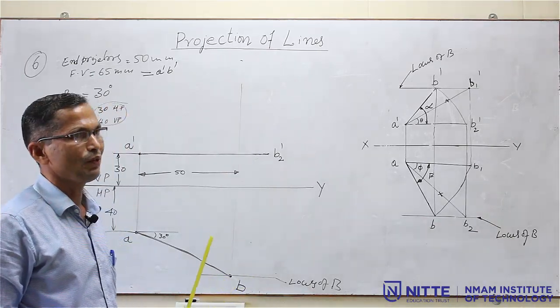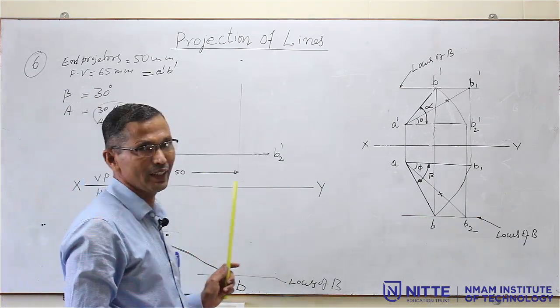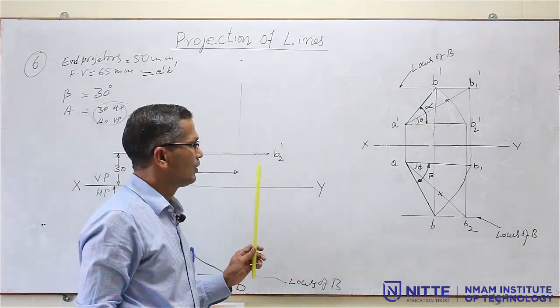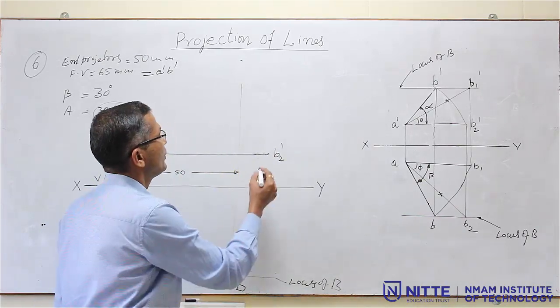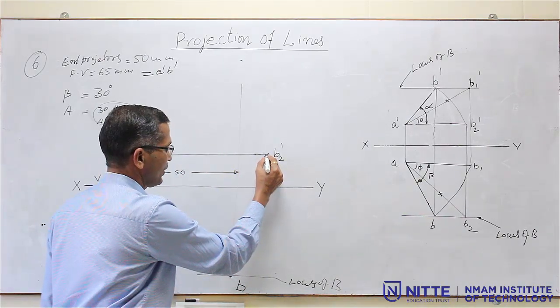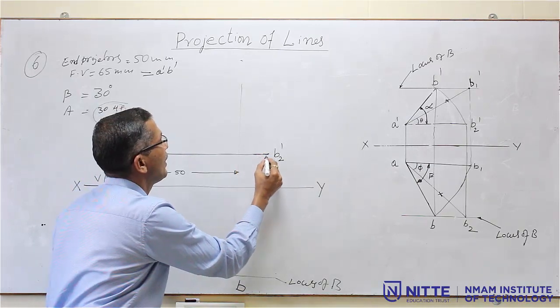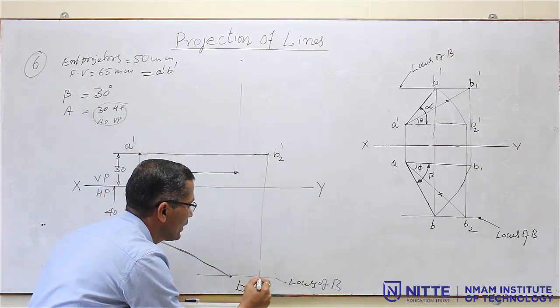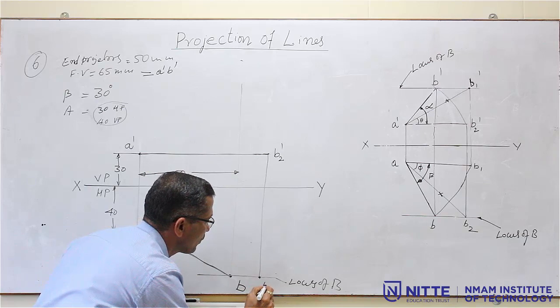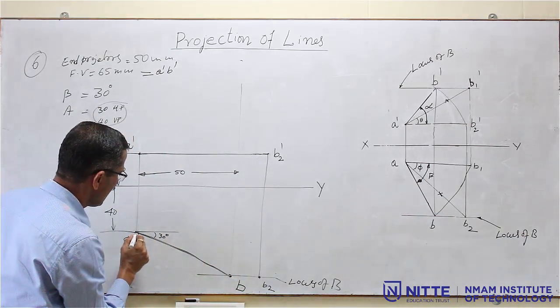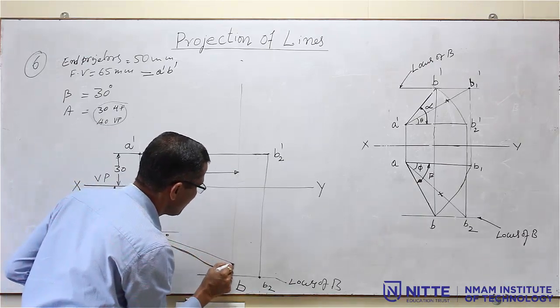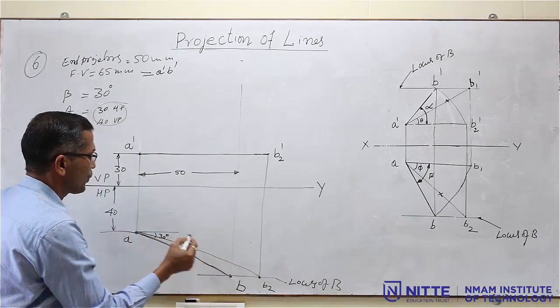How to obtain that B2? You have to project that B2 dash below to the locus, and you obtain the point B2. Then you join this A B2 by a straight line. This is the true length.